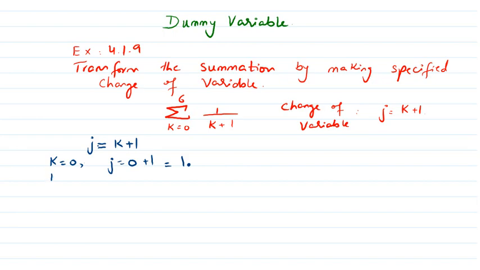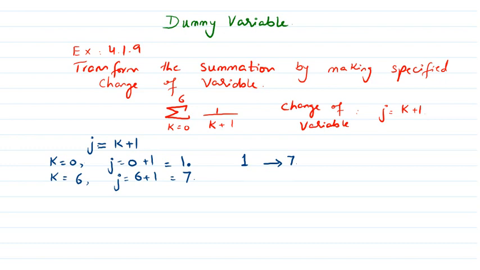Then for k equals 6, the upper limit, j is going to be 6 plus 1, that is 7. So the new summation will go from 1 to 7.